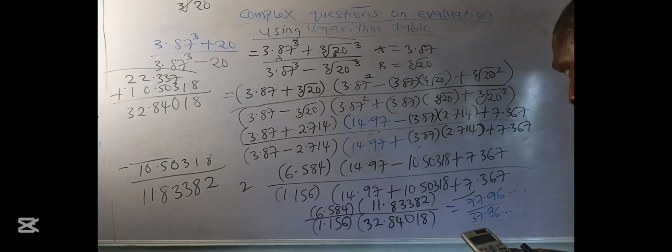This 6.584 times 11.83382 gives 77.9, so that's very close. And the other, 1.156 times 32.84018.